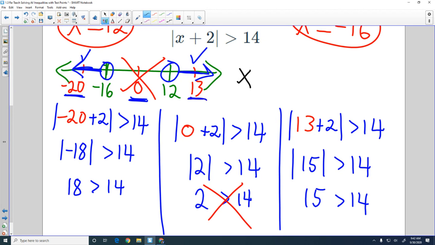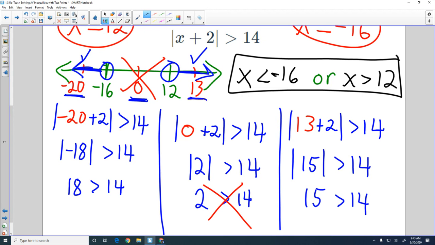We have to say either x is less than negative 16, or, so we have to use the word or whenever you've got arrows pointing in opposite directions, because x is either less than negative 16 or x is greater than 12. It cannot be both of these, right? You can't have a number that's bigger than 12 and also smaller than negative 16. It just doesn't happen. And so that's the new technique.